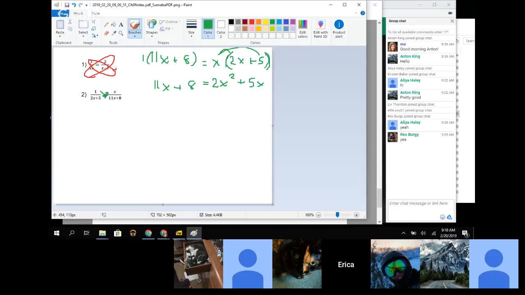If we can get our quadratic equal to 0, then we can either solve it by factoring or using the quadratic formula. Remember, we learned how to do both of those? So we're going to subtract 11x and 8 from both sides of our equation, and we'll end up with 0 equals 2x squared, and then 5x minus 11x, so minus 6x minus 8.